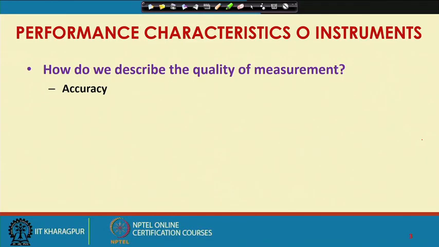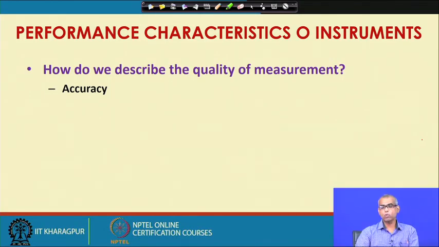So, when you ask yourself how to describe the quality of measurement, perhaps you think of whether the result is accurate enough, and whether, if I repeat the same measurement several times, there is repeatability, or the agreement among the readings obtained in several trials.